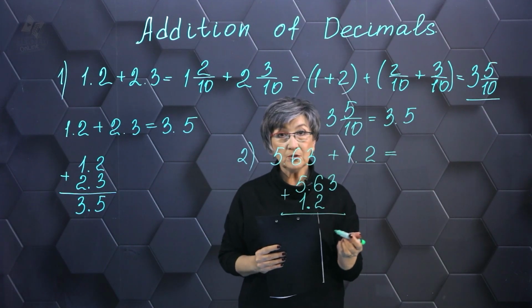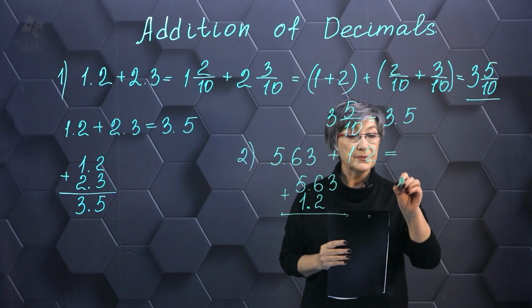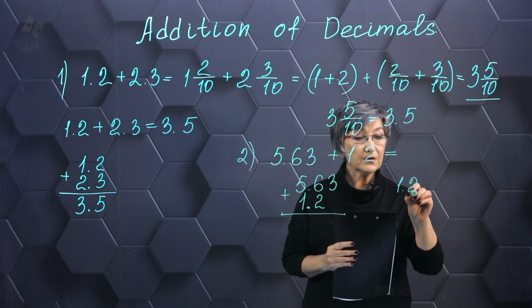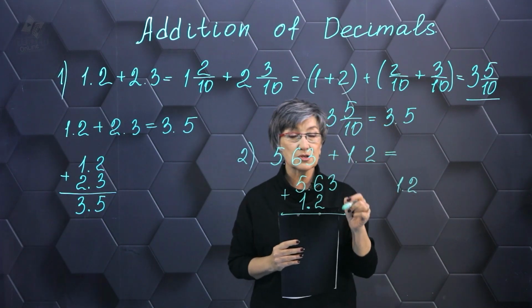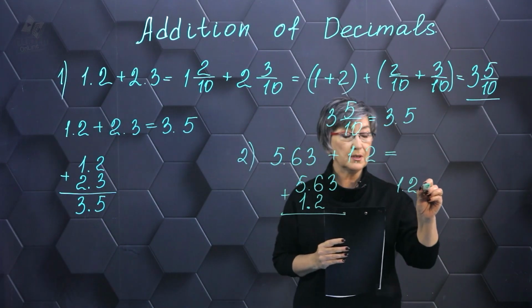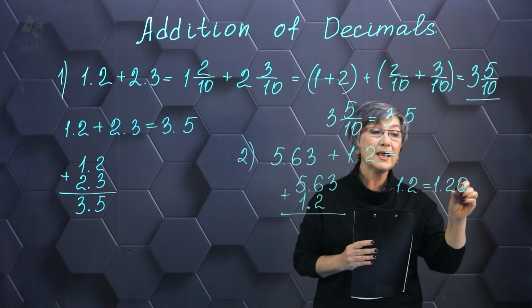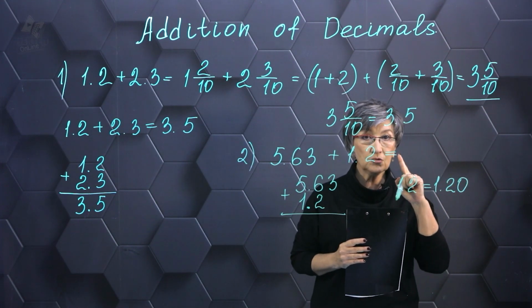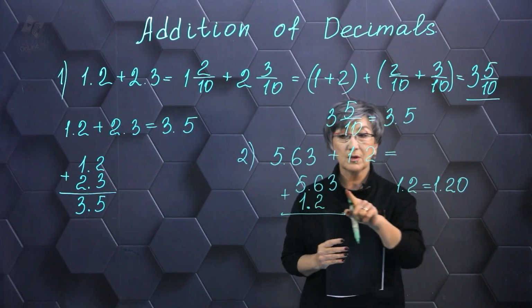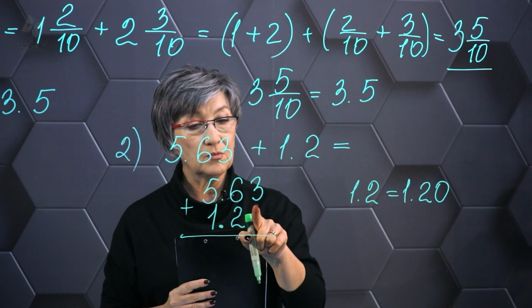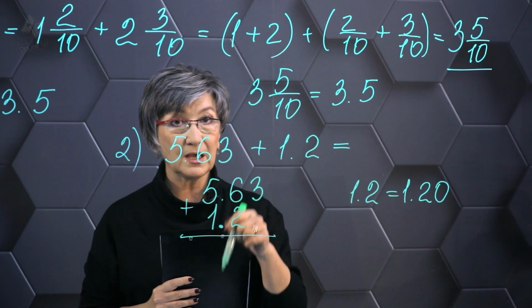The thing is, let's remember the rule. I have the freedom to put any number of zeros at the end of the decimal entry without any limitations. And I only need 1 zero. Why? Because I don't have any number under the 3.